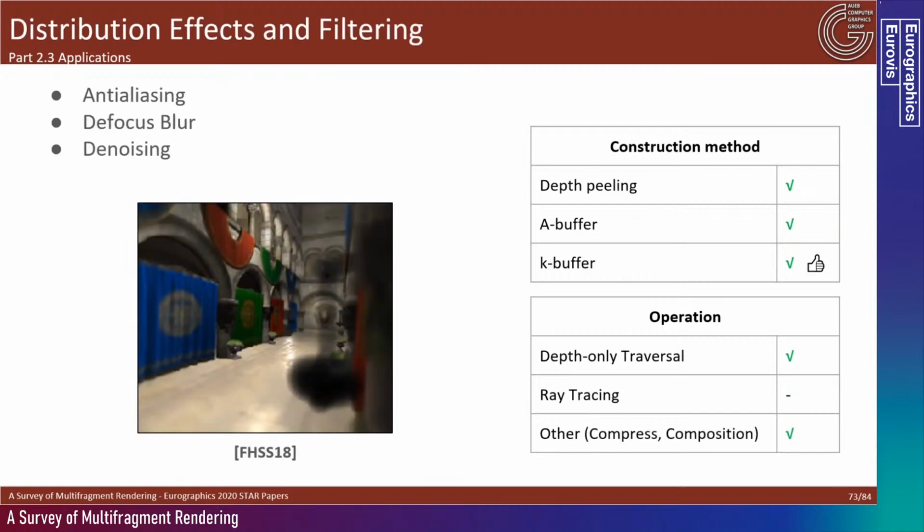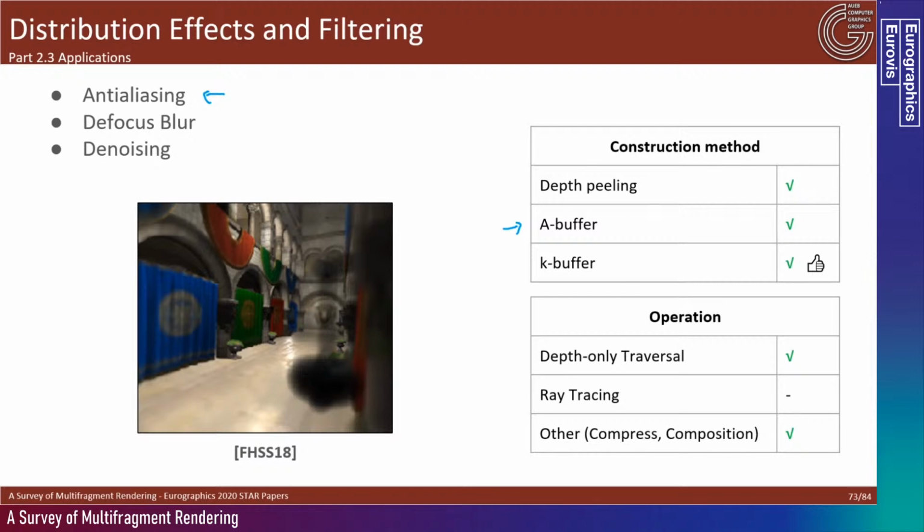The flexibility offered by storing multiple layers of information has also driven the community towards improving distribution effects and filtering techniques. For example, the traditional problem of anti-aliasing has been one of the main goals of even the very first A-buffer in 1984, where the final color was computed by merging fragment lists with their coverage masks. This work was also the driving factor for other anti-aliasing hardware architectures that were proposed later on.